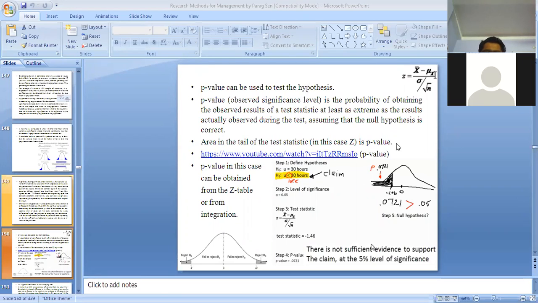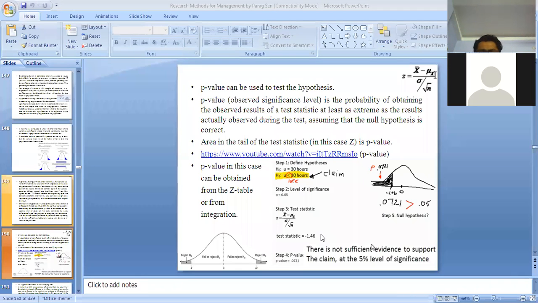Actually, this part can be very easily computed by your software, that your test statistic value is minus 1.46.